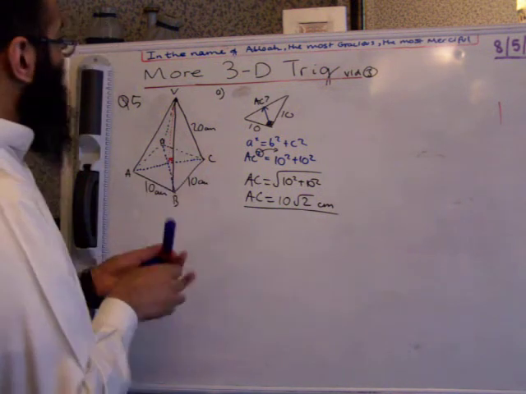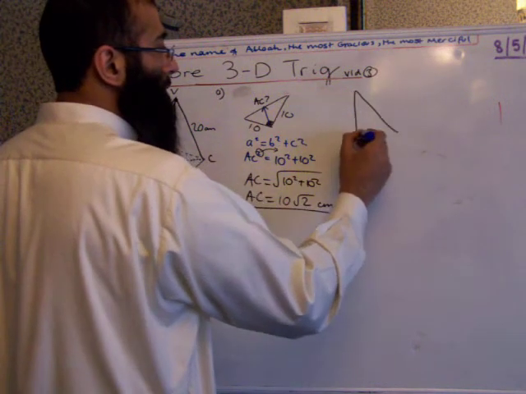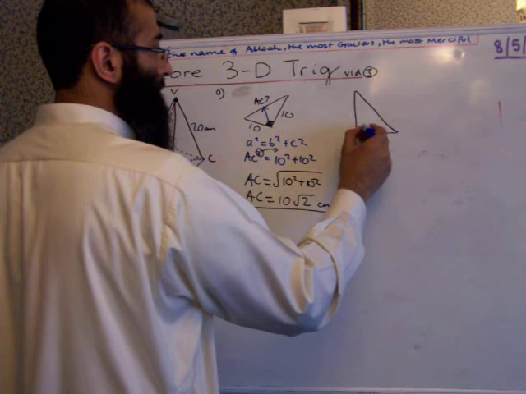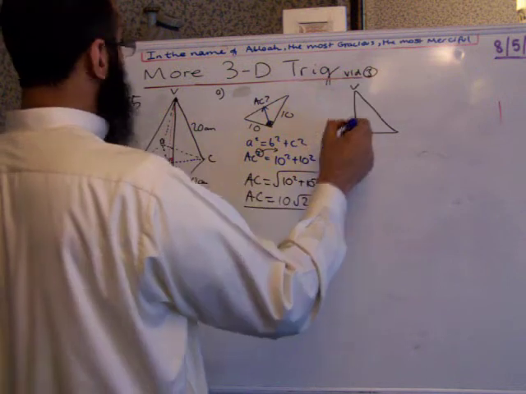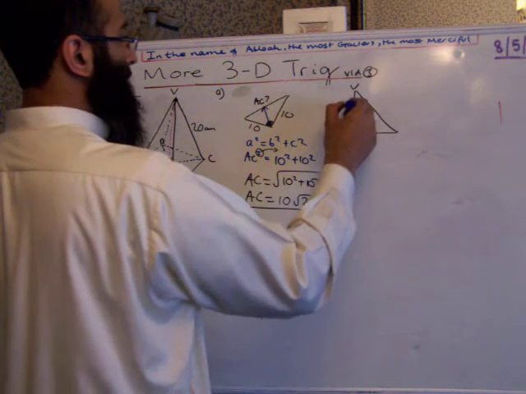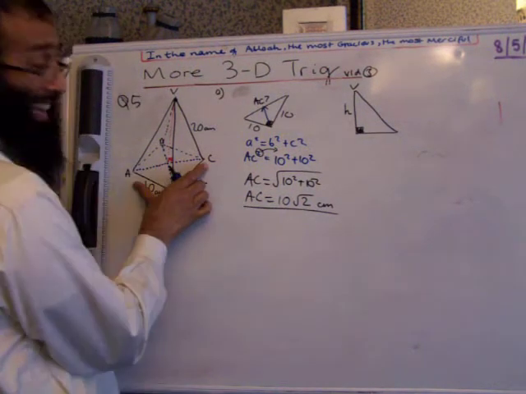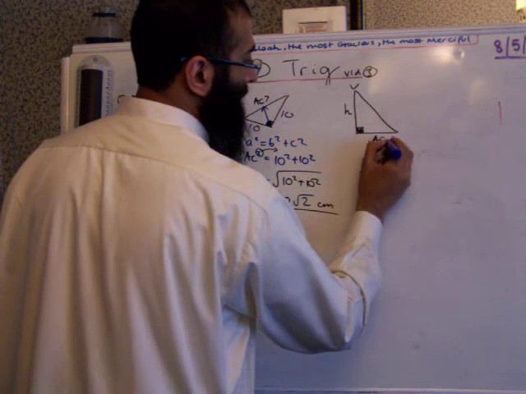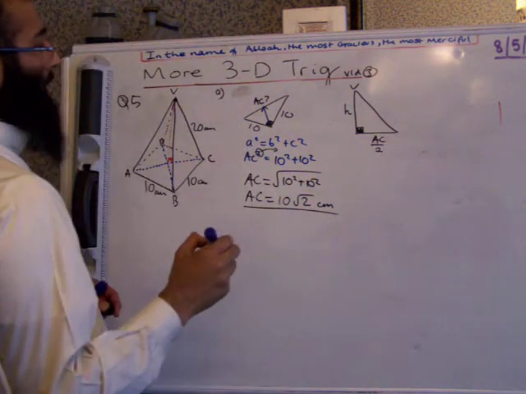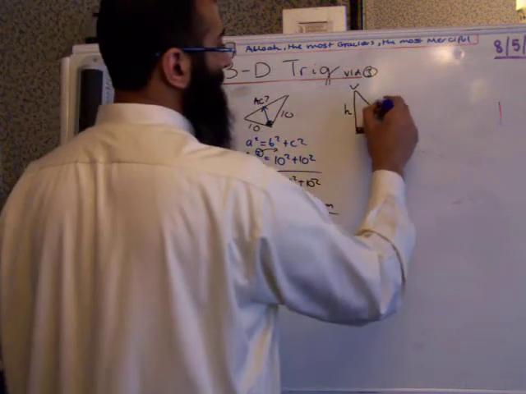If I redraw that triangle, we have V at the top, this is the height. And we have here half of AC. We want to work out the height, and the slanting side is 20.